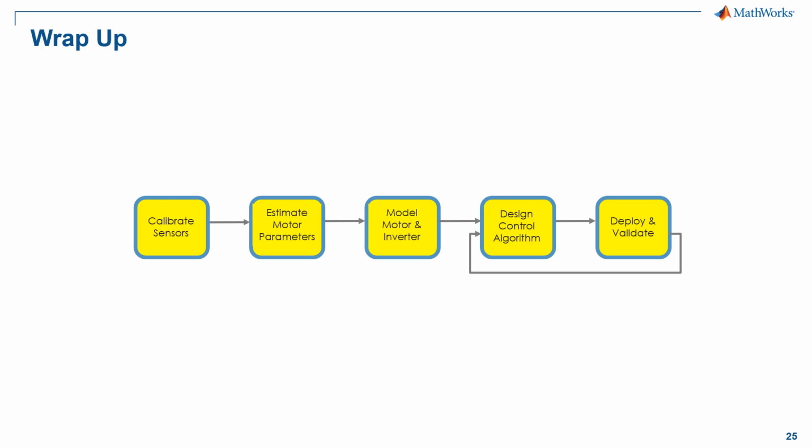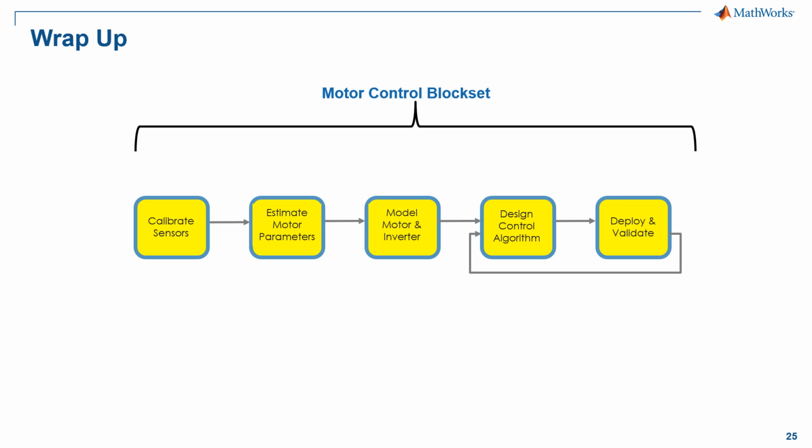To recap, we have been through the entire workflow for motor control, from sensor calibration, motor parameter estimation, plant modeling, control design, and code generation and implementation. And as you can see here, the Motor Control Blockset covers the entire end-to-end workflow. For modeling the motor and inverter, we introduced Simscape Electrical to allow you to model different fidelity of your physical model.